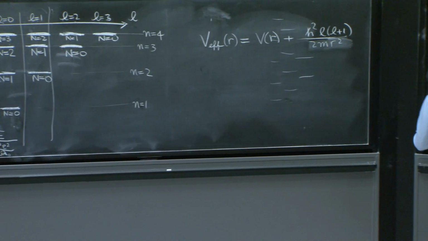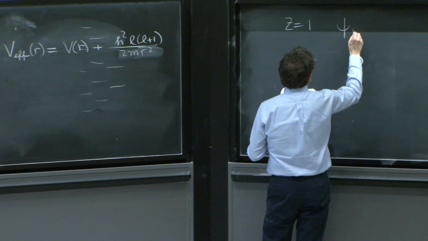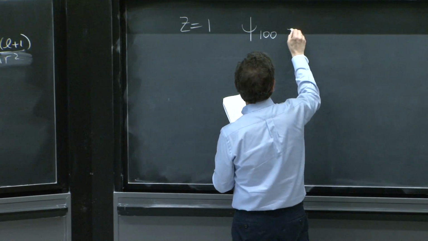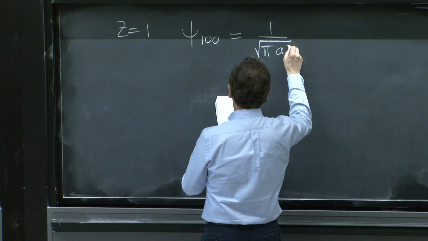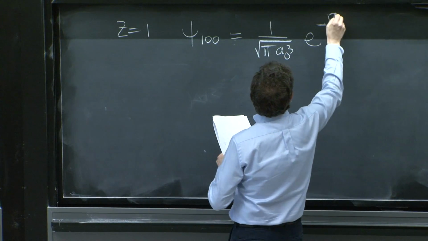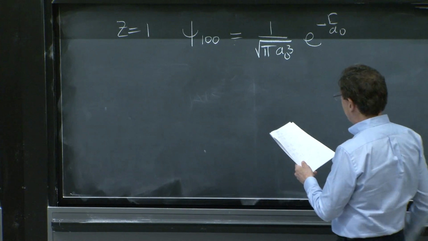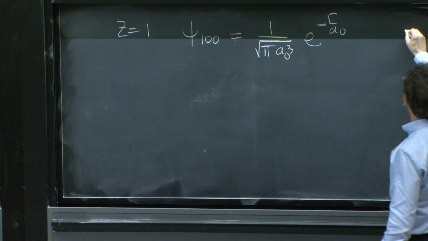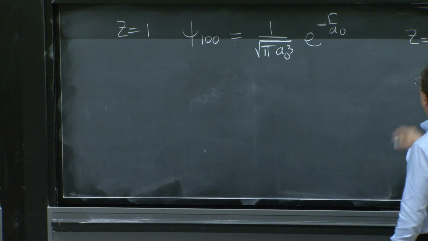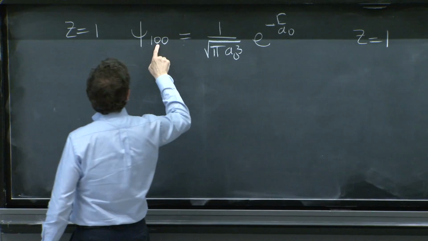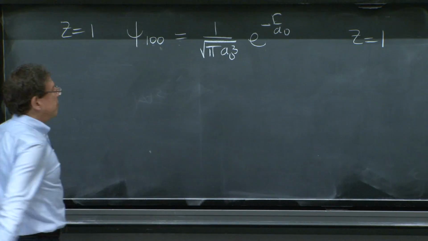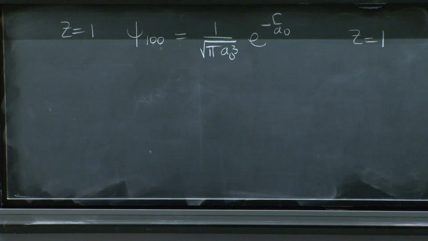Z equals 1, we write the wave function. This is the most famous wave function. 1 over the square root of pi a0 cubed, e to the minus r over a0. And this is for Z equals 1, n equals 1, L equals 0, m equals 0, the complete ground state.